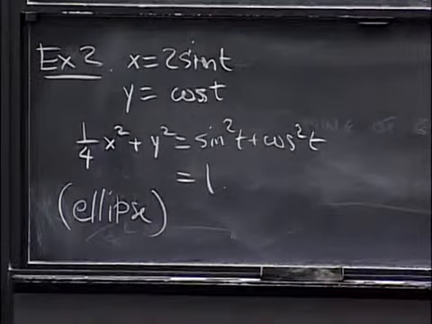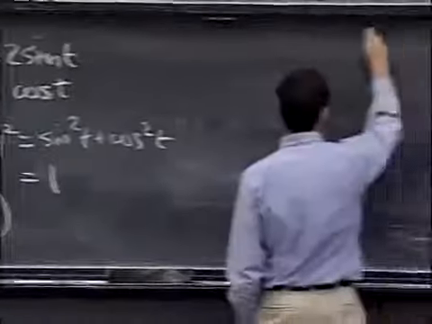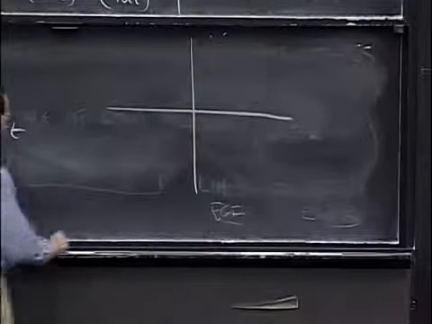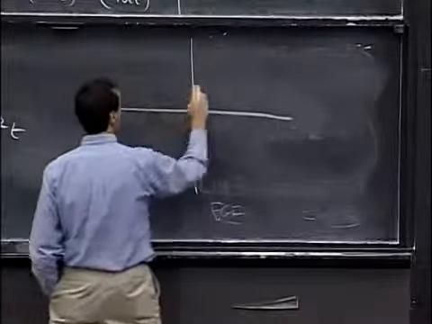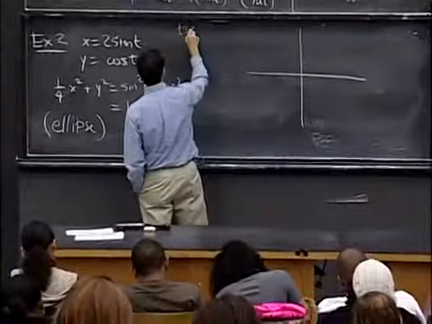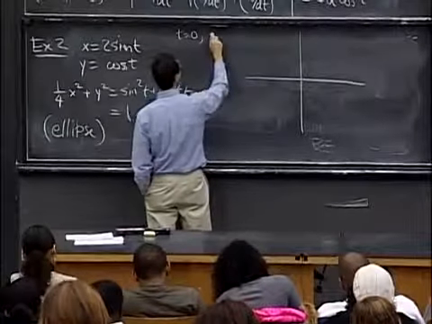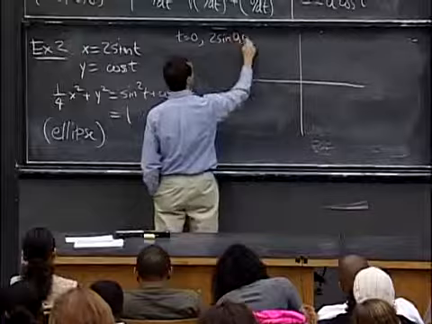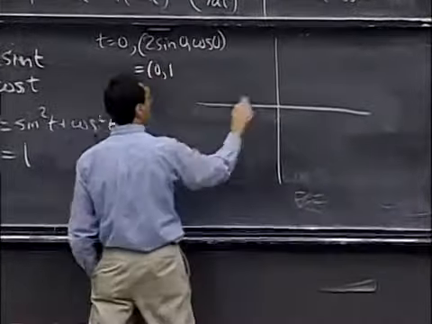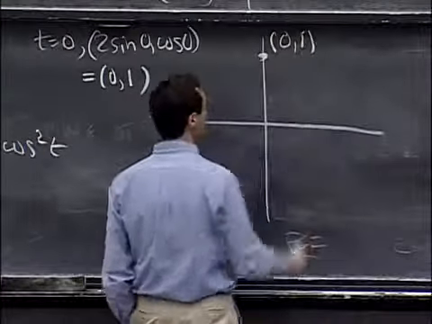Now, that's not the only information that we can get here. The other information that we can get is this qualitative information of where we start, where we're going, the direction. It starts out, I claim, at t equals 0. That's when t is equal to 0. This is 2 sine 0, cosine 0, which is equal to the point 0, comma 1. So it starts up here at 0, comma 1.